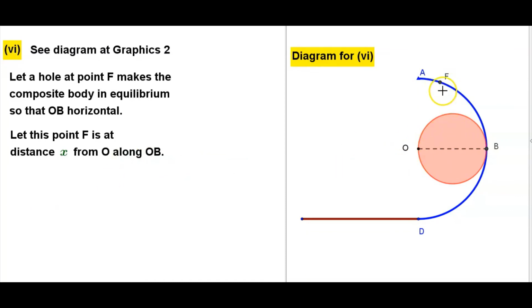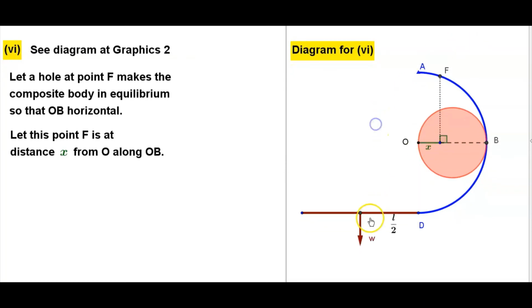This point F is x from here. You want to find out this x. This is the weight of this rod, small w, capital W, the weight of this clock.